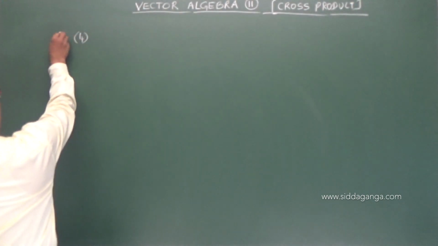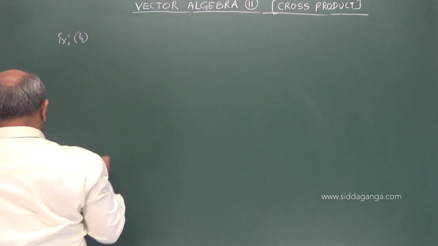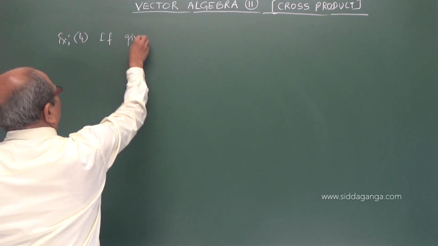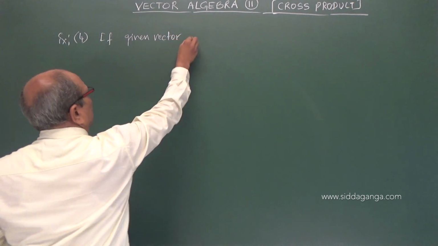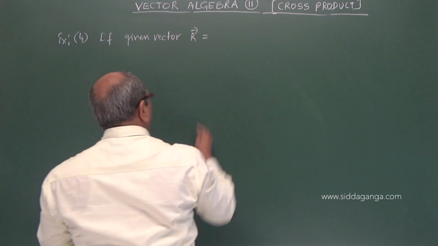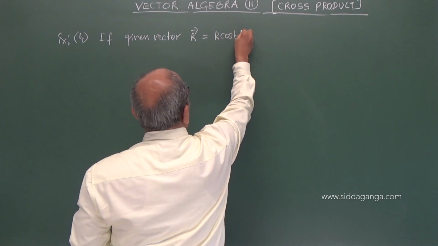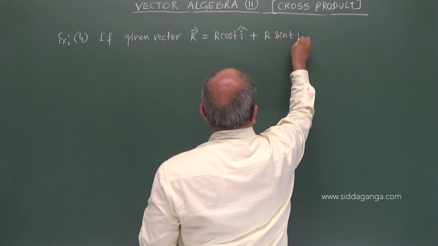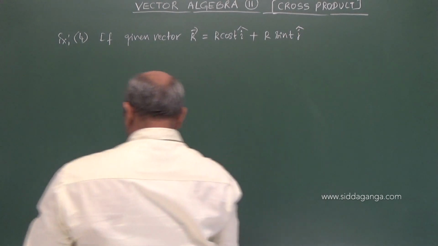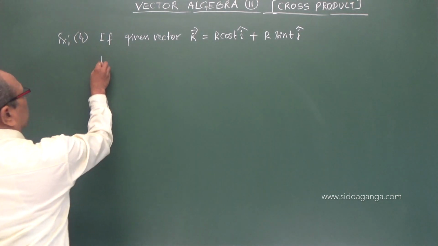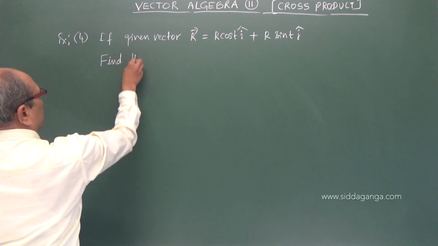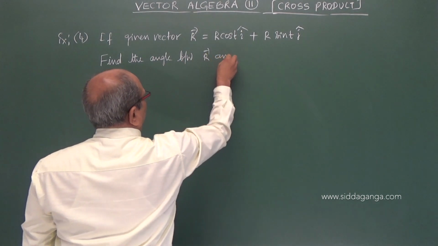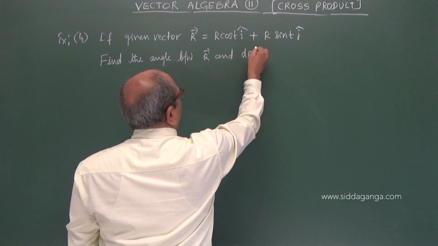So take another example. If you are given a vector R as R cos t i plus R sin t j, find the angle between R and dR by dt.